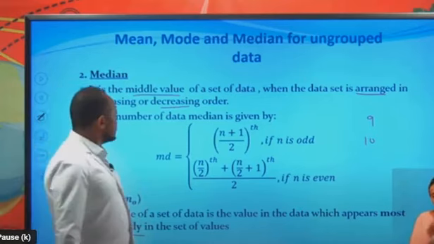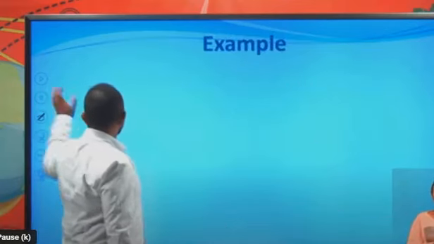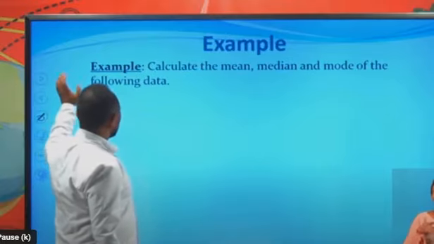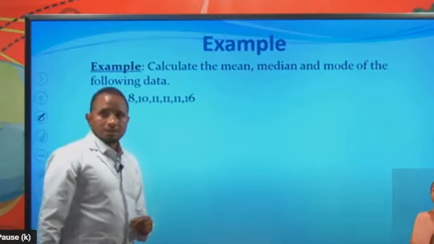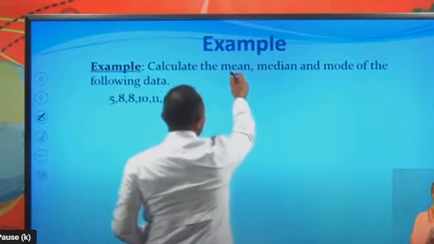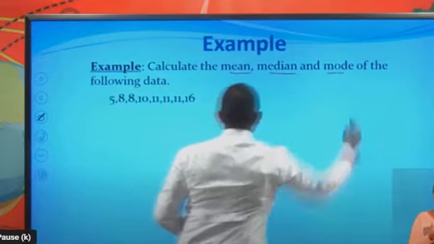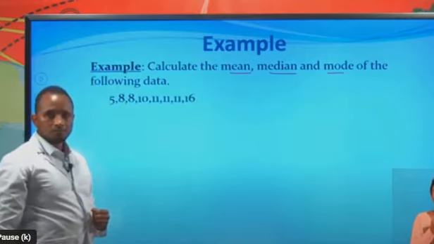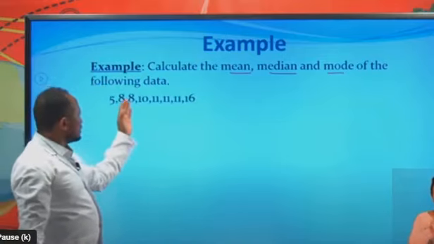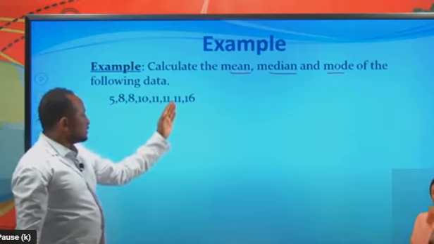Now let's continue. Let's see this example. Here it says calculate the mean, median, and mode of the following data set: 5, 8, 8, 10, 11, 11, 11, 16.